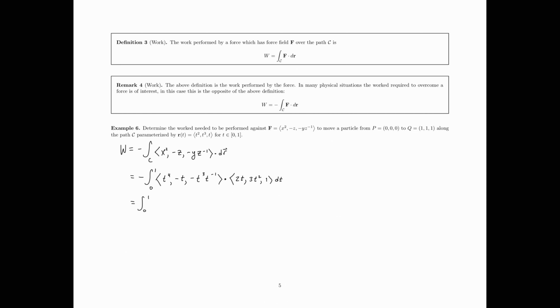So I'll go ahead and absorb this negative into this dot product. So this will be, let's see, we'll have negative 2t to the 5th, minus, nope, double negative, it's going to be plus 3t cubed, plus, this is going to be t squared dt.